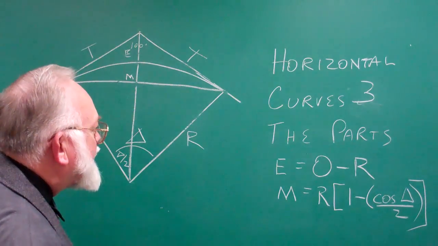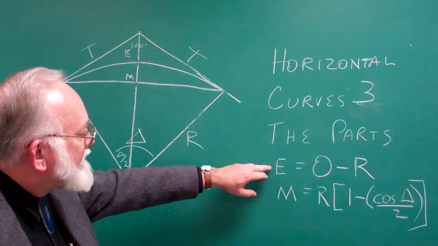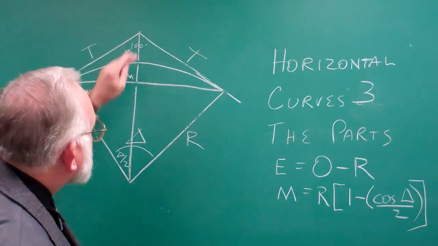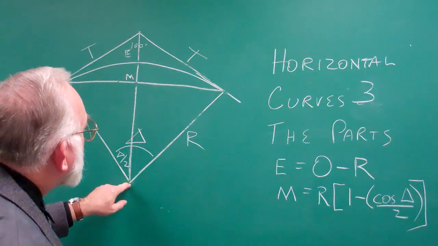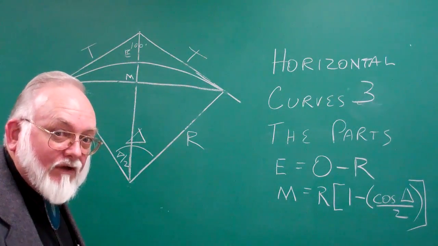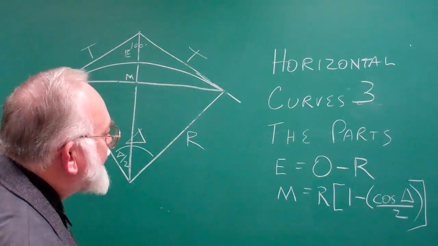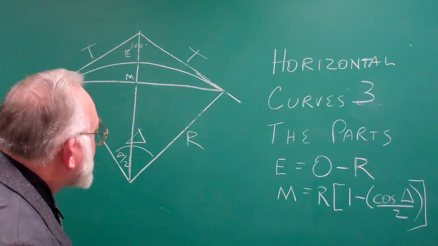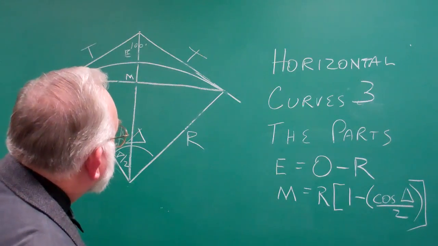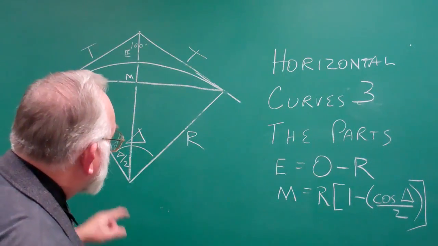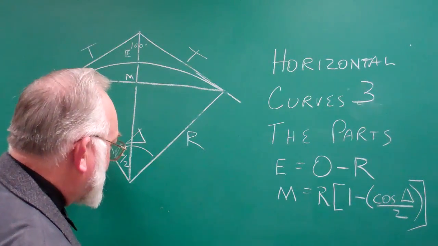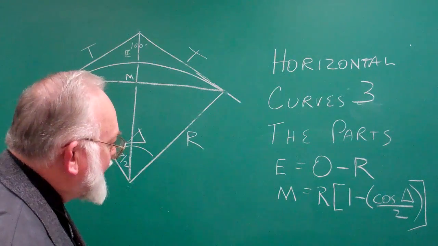The other way is to say that the external ordinate is equal to the long ordinate, O, minus the radius. Another way to check. The one that's a little bit harder to do is the mid-ordinate. You know the radius, which in this case is 1,200, and the cosine of delta over 2.